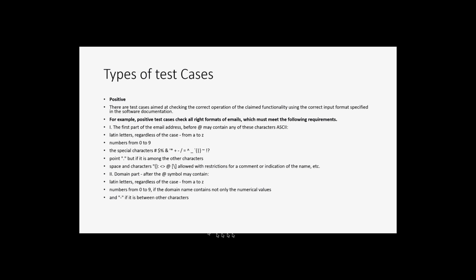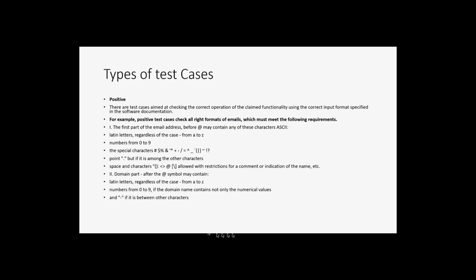Then you can see that the first part of the email address before @ may contain any number of ASCII characters, the Latin letters, numbers should be 0 to 9, and special characters should be these things, and the point. All these are different scenarios you're going to test to provide the hard password for that test case. So all these things you write, and this is how you write the positive test case.